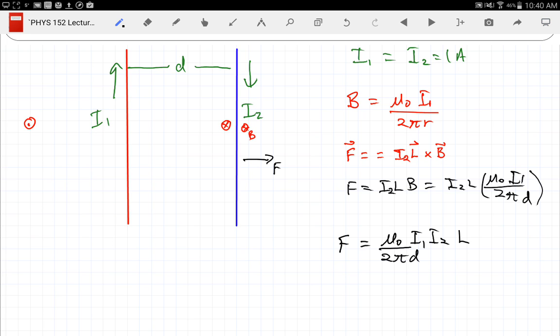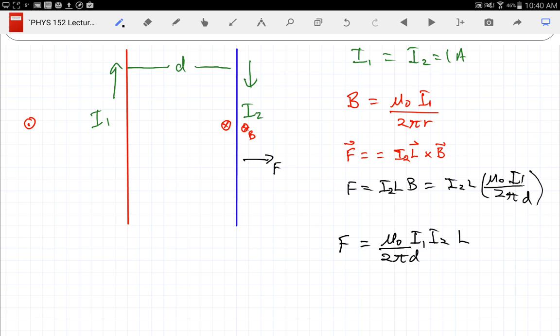So there we found the equation for force, and if you're paying attention, there should be something troubling to this. What's troubling? The force depends on what variables? Okay, that's the troubling one. The troubling one is the force depends on the length of the wire.